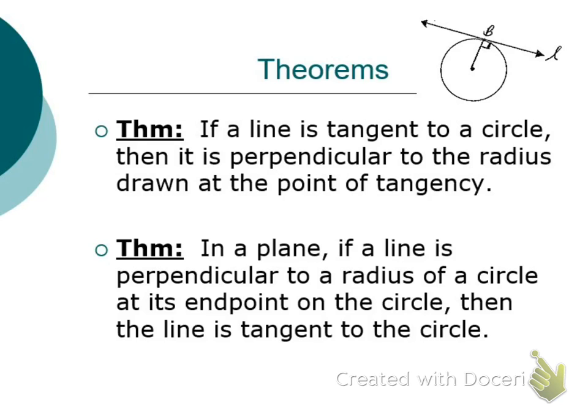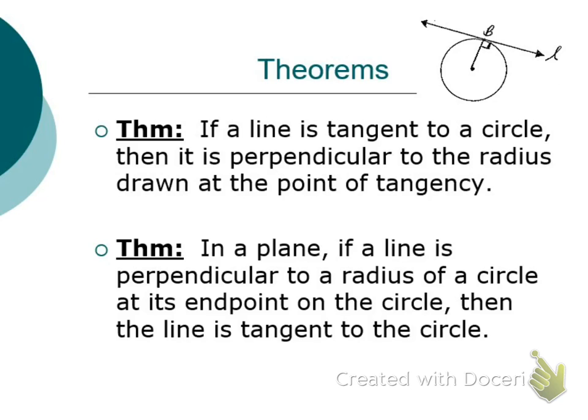What is our point of tangency in this diagram? B. That is where the tangency occurs, so that's where they drew the radius to the center. So that radius is perpendicular to the tangent line. How do we know that it's perpendicular from this drawing? Because of the right angle.